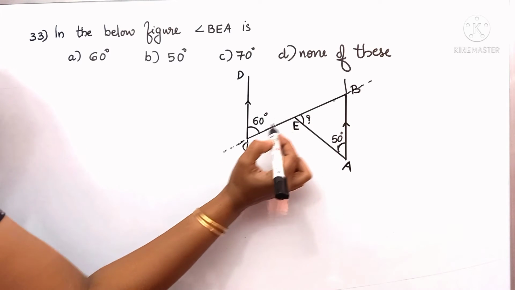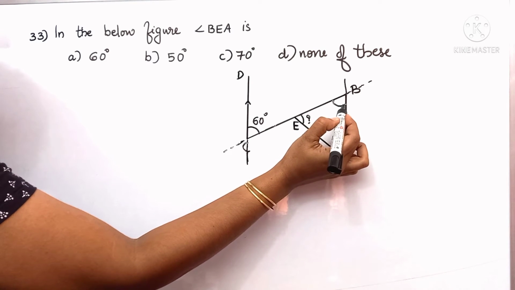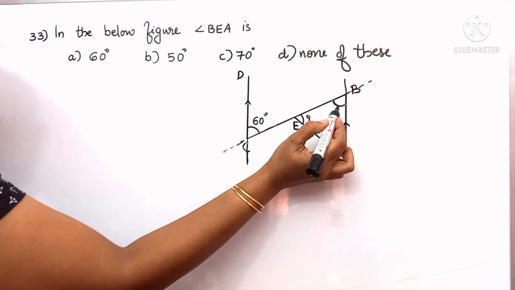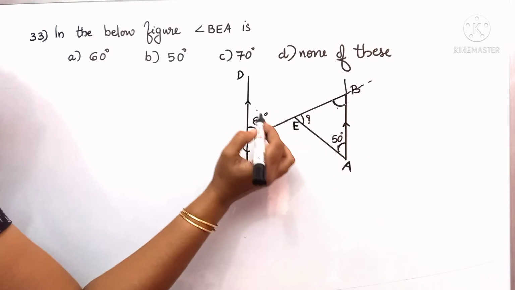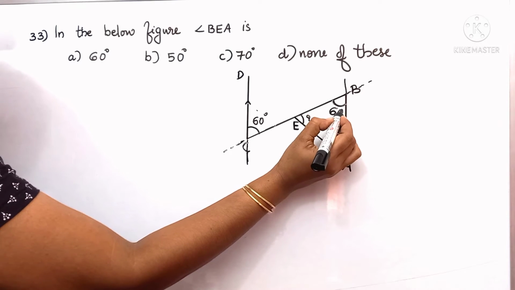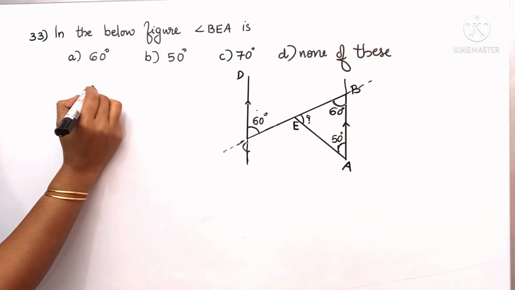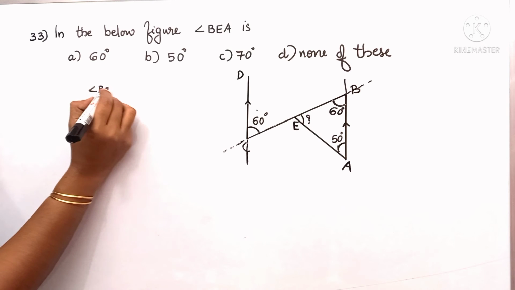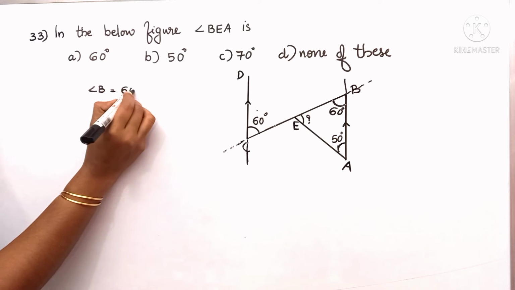So here C is equal to 60 degrees, and angles B and C are alternate interior angles, so angle B is also equal to 60 degrees. So we can write angle B is equal to 60 degrees.